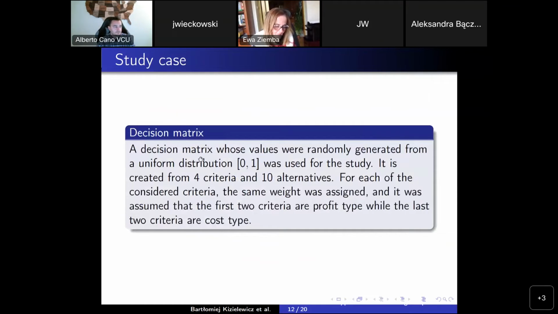The decision matrix used in the problem was also randomly generated, and it consists of 4 criteria and 10 alternatives. The authors used the same weights. So in this case, when we have 4 criteria, each weight equals 0.25, and the first 2 criteria were profit type, and the last 2 criteria are cost type.